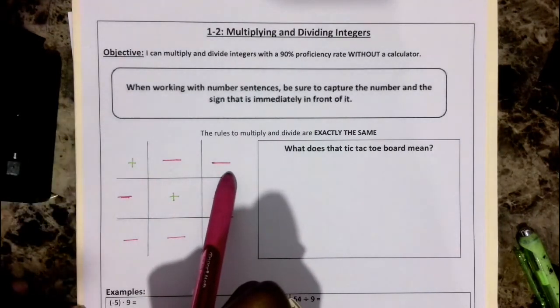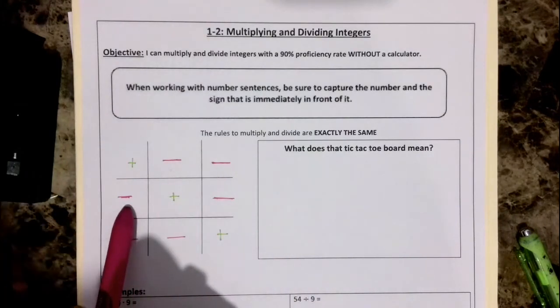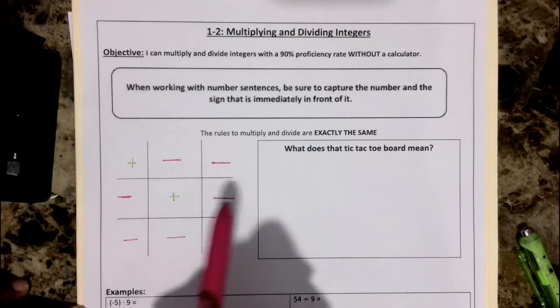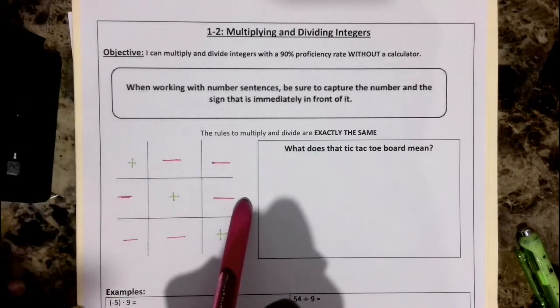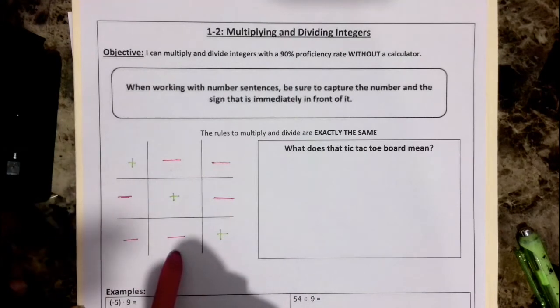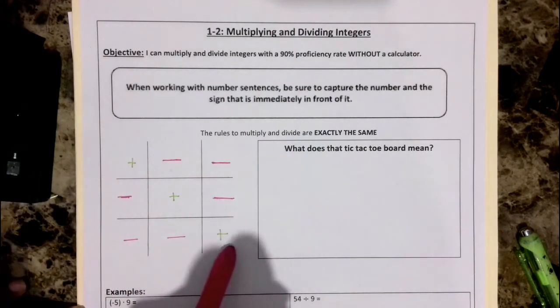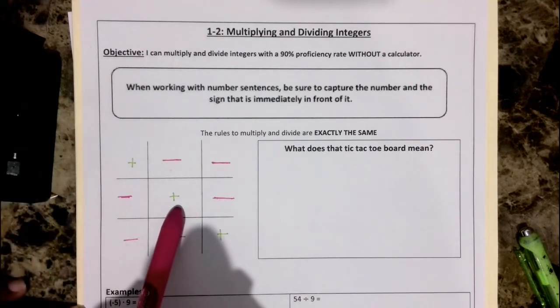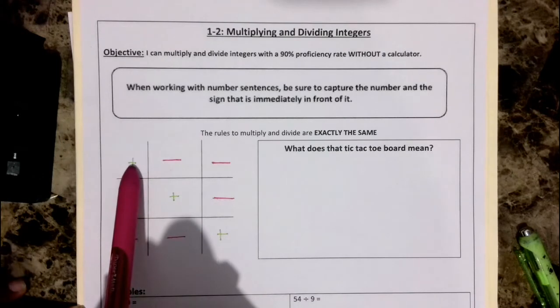If I multiply a negative number by a positive number, the product should be negative. If I multiply a negative number by a negative number, the product is positive. And if I multiply a positive number by a positive number, my product is positive.